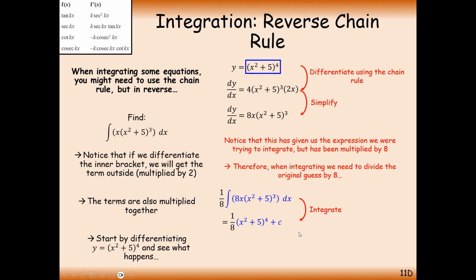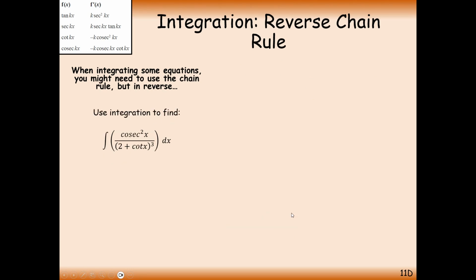Let's look at another example. Here we have cot x plus 2 all raised to the power of 3, and in the numerator we have cosec squared. How are cot and cosec related to each other? Cosec squared is the derivative of cot.